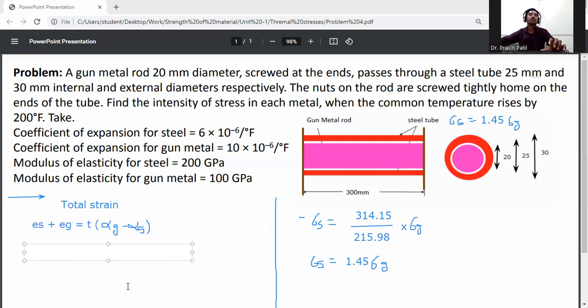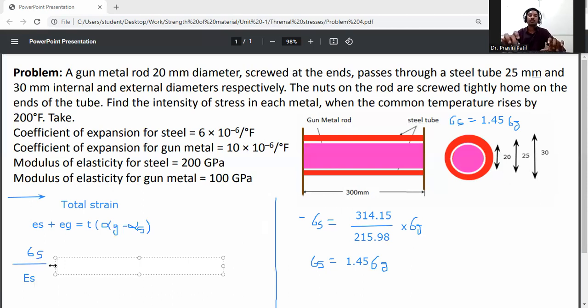Okay, so Es means strain in steel. It is sigma s divided by E, stress by modulus of elasticity, that is Es.